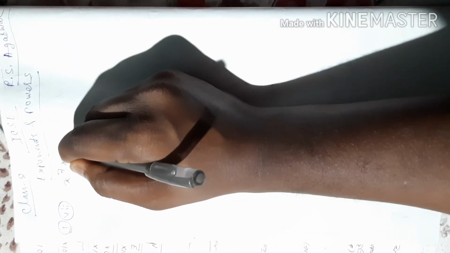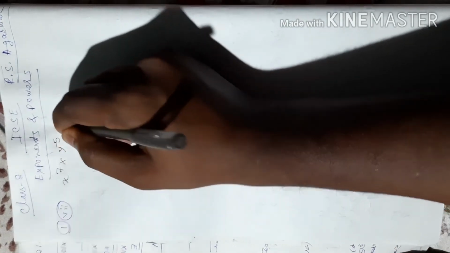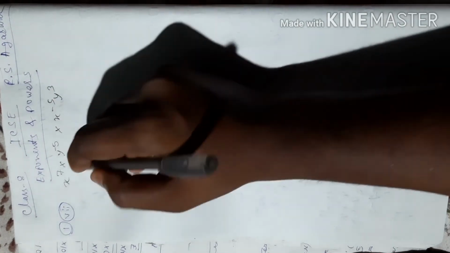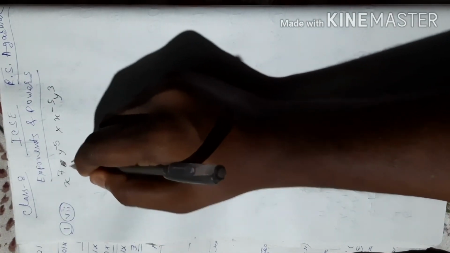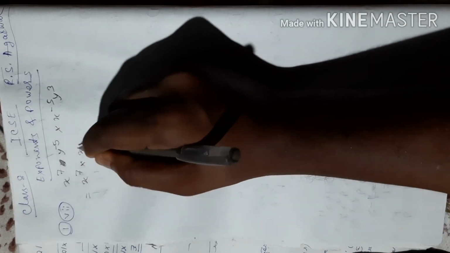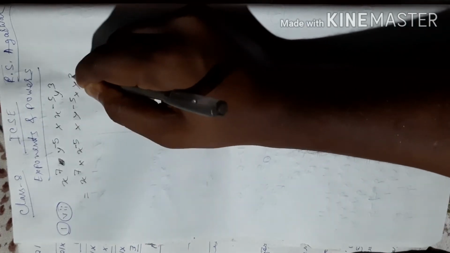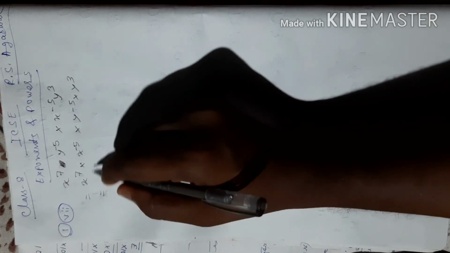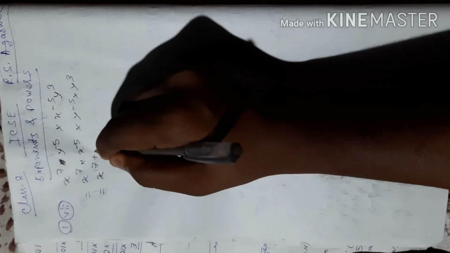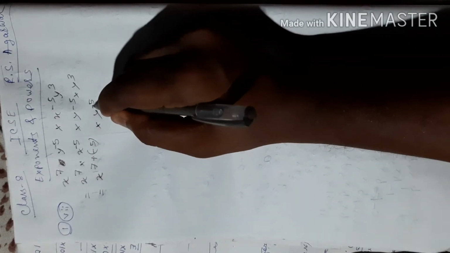x to the power 7 into y to the power minus 5 into x to the power minus 5 into y to the power cube. So similar terms we can write, then another similar terms we can write, similar base terms. Okay, so here power must be added and here power must be added.